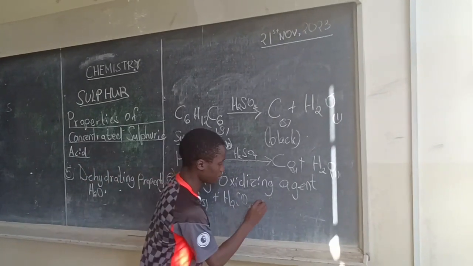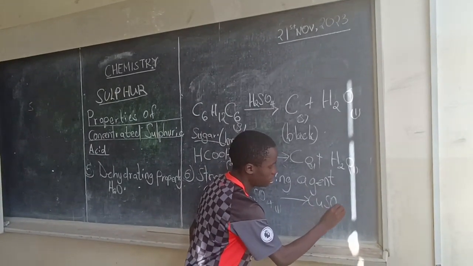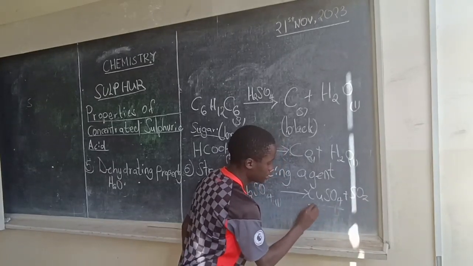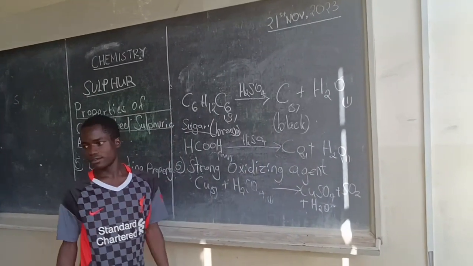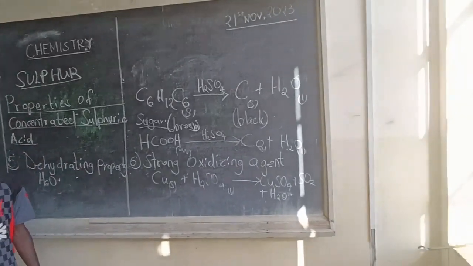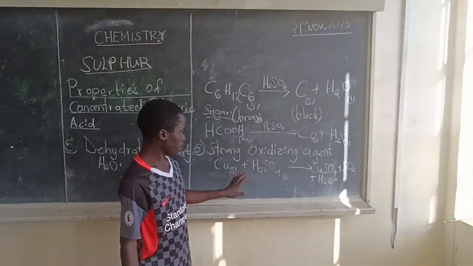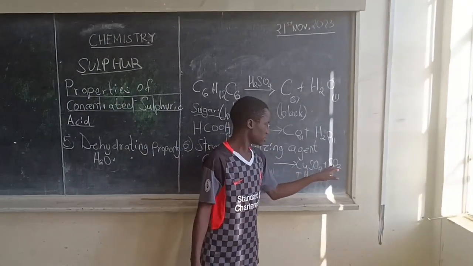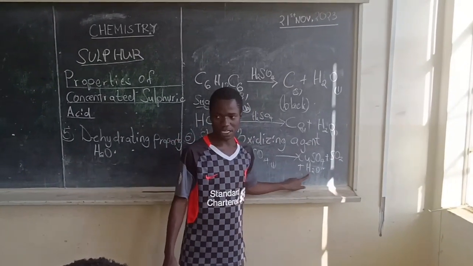We get copper sulfate plus sulfur IV oxide gas plus water. Are we together? Yes. Very good. So copper plus concentrated sulfuric acid gives copper sulfate plus sulfur IV oxide gas plus water.